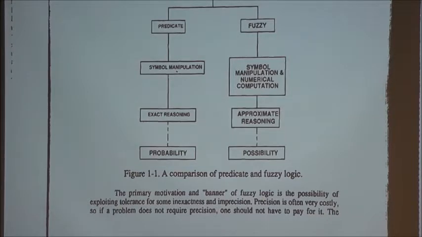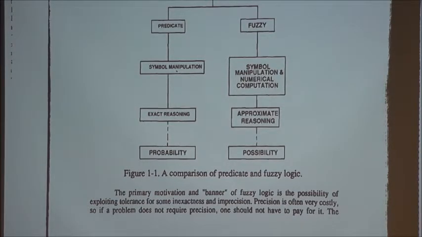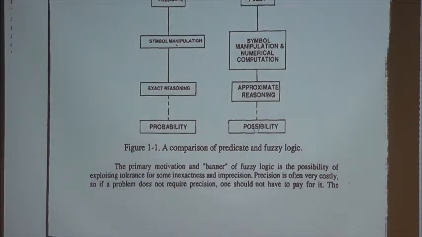So the probability, looking at one short person playing basketball against a very tall person, is 0. Okay, but the possibility is maybe 0.2, 0.1. So you have some chance. You may get clobbered by Tim Duncan, but you may also get lucky to shoot a couple of baskets. Okay. So this is a comparison of predicate and fuzzy logic.